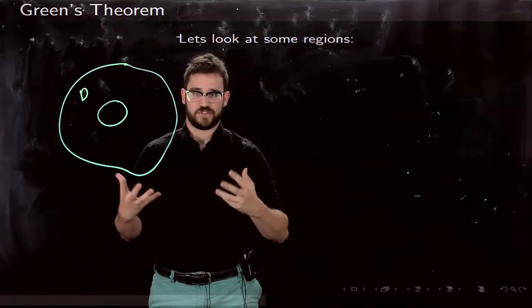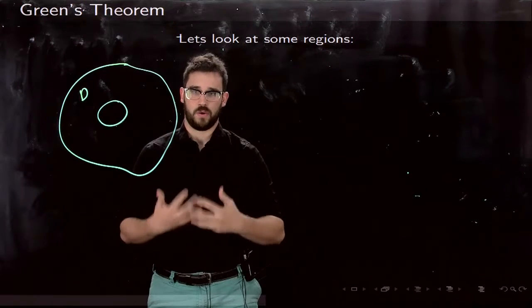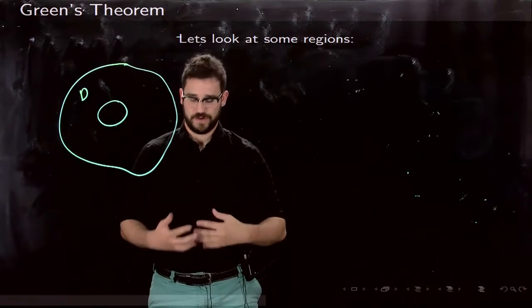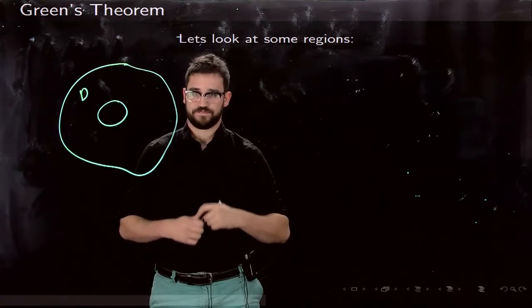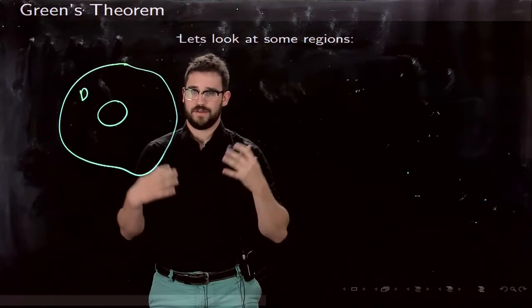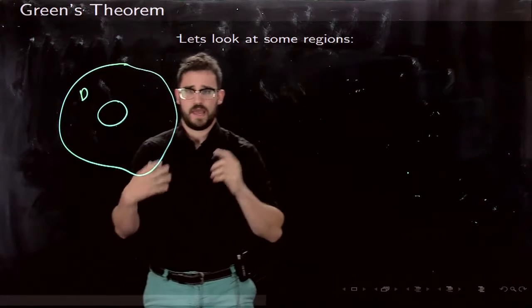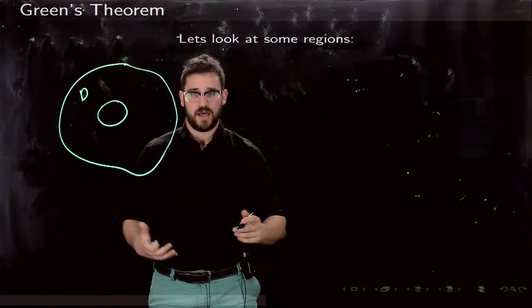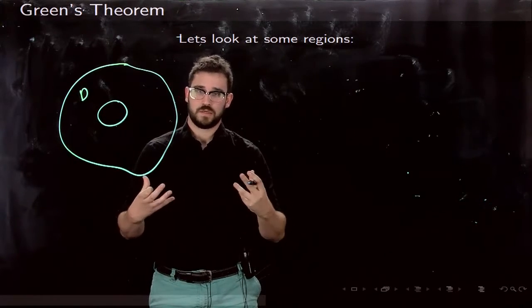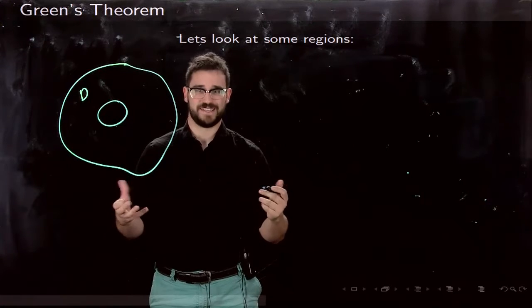So let's look at our next region and put a hole in it. So now we have this region D. How are we going to integrate this region? Well, first of all, let's do what we might think of and break it into non-holy pieces.